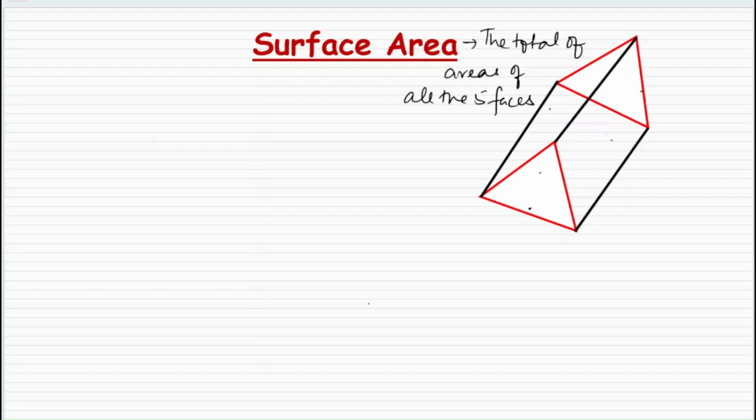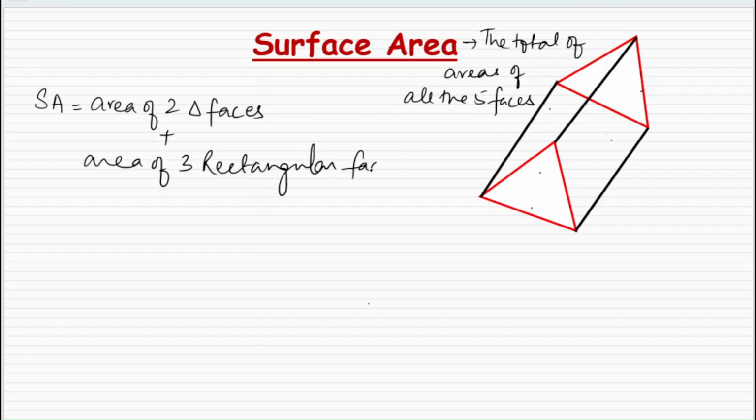When I add the areas of all these five faces, we will get the surface area of this triangular prism. So the formula of the surface area of the triangular prism is the area of the two triangular faces plus the area of the three rectangular faces.